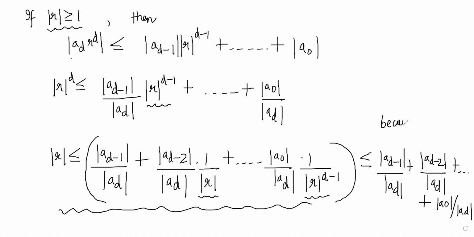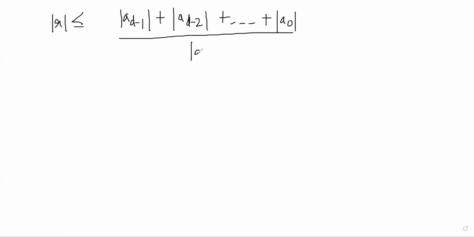Because mod r is greater than or equal to 1, we are getting this inequality because we have replaced all the mod r's with 1. So now we are getting basically mod r is less than or equal to mod of a_{d-1} plus mod of a_{d-2} till plus mod of a_0, by mod of a_d, right?